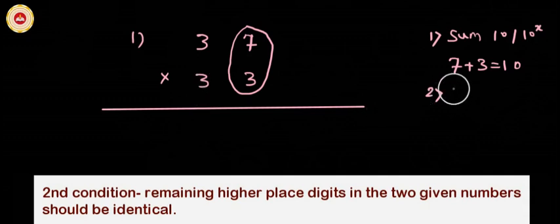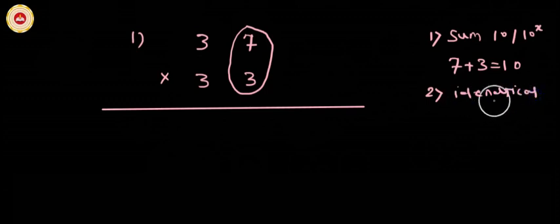That means identical. This second condition is also satisfied. So we can apply Antyor Dashakepi Sutra for multiplication to multiply these two numbers, multiplicand 37 and multiplier 33.